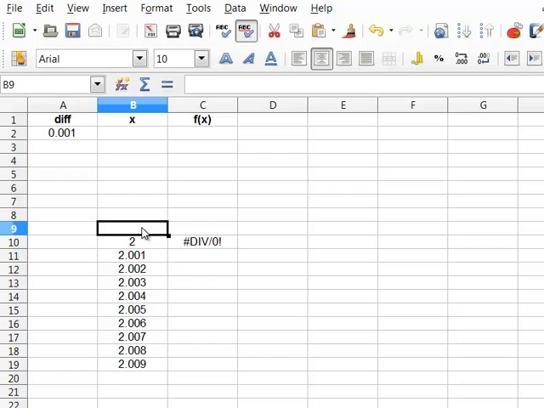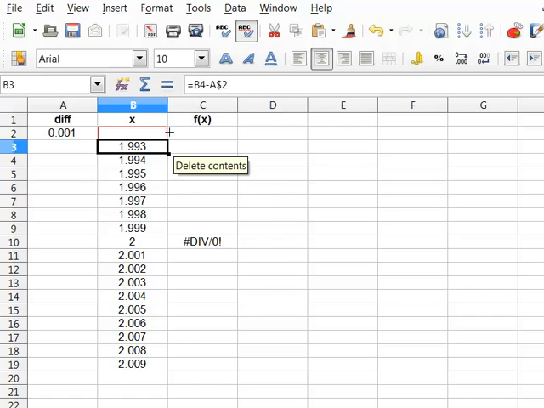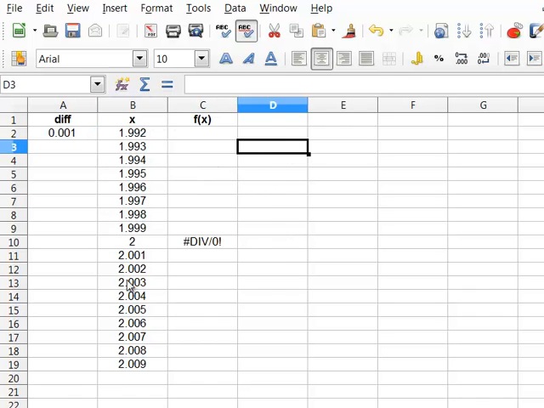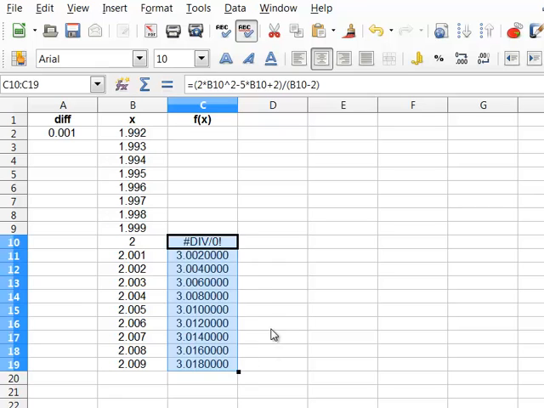And up here, let's say this is equal to the following cell minus that, and then put a dollar sign in there, all right? And then drag this one up. Doesn't matter how far up, because we just want to see what's happening close to 2. And then this formula should apply to all of these.